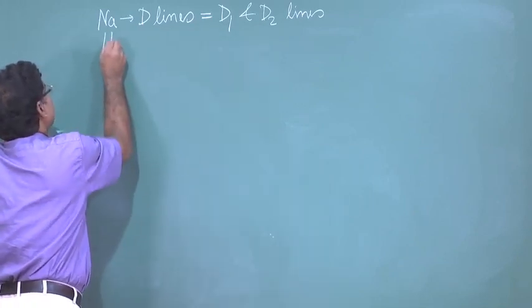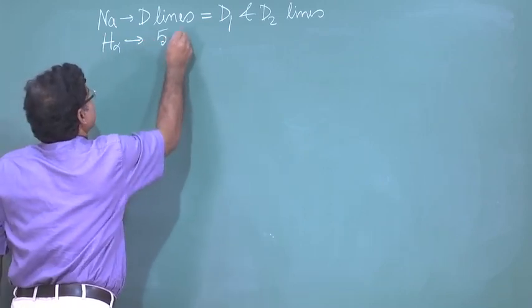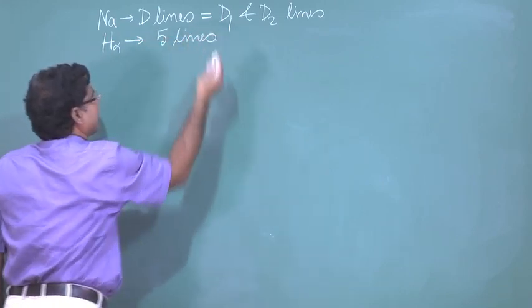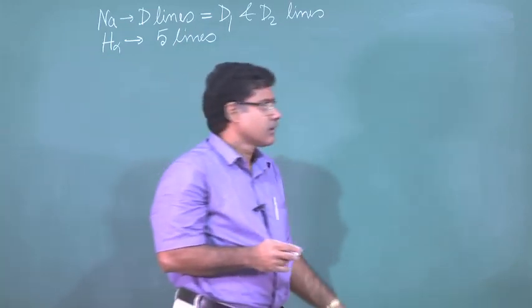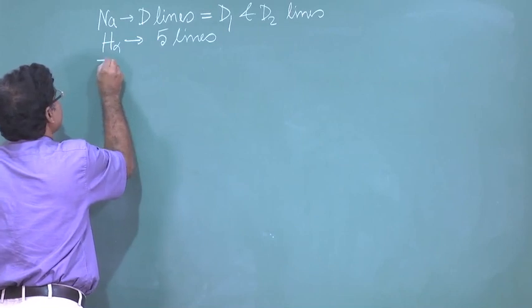And then the hydrogen H alpha line is composed of 5 lines, that also was not explained, and then also the Zeeman effect.